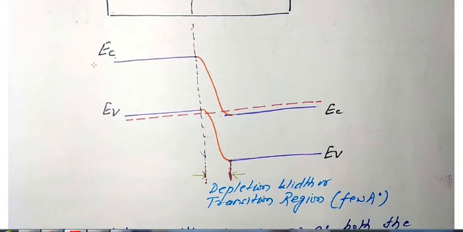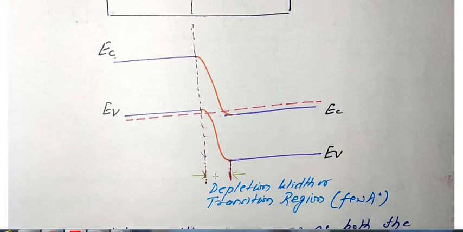Now when we see the energy gap diagram of a tunnel diode, it looks like this. Here this and this shows the depletion width, or we can also say the transition region, which is very thin. Its value is in few Angstrom. This depletion width is very narrow as both the materials P and N are heavily doped.